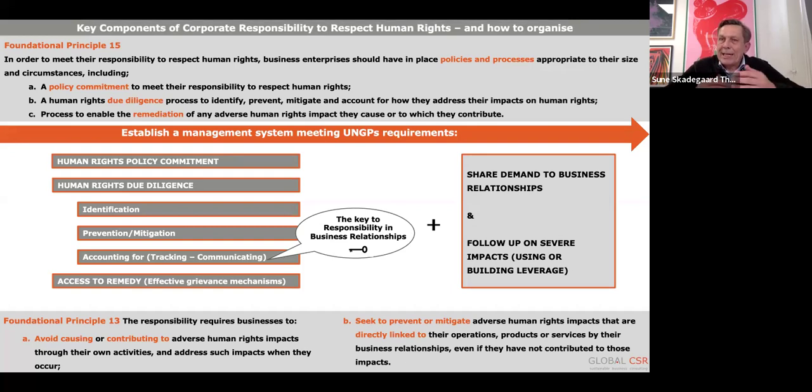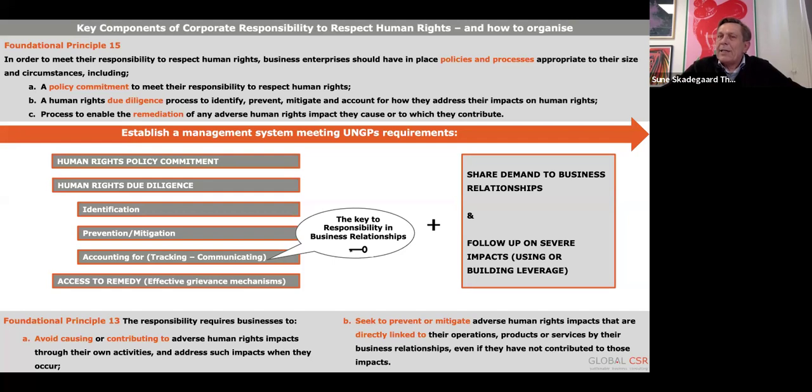So we have to share that demand with all our business relationships, so that when they meet their responsibility to respect human rights, they will also share that demand to the next tier. And hence we will have this cascading effect of the internationally agreed minimum standard for responsible business conduct.